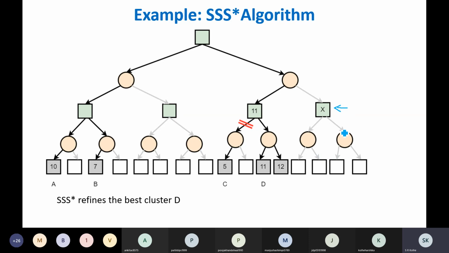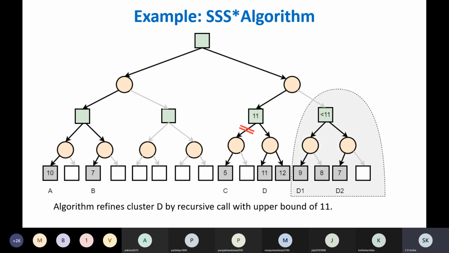Look at this. If you recursively call it, that will generate again two clusters. D1, left I will name that as D1 and right one as D2. Okay. With node values 9 and 7.